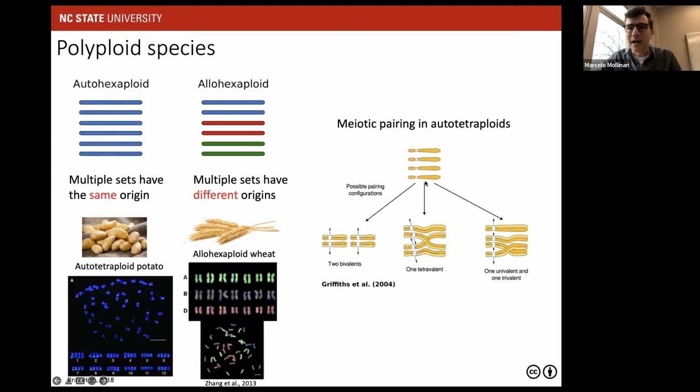And here I'm showing you the meiotic pairing of an autotetraploid. So you have 3 options here. You can have 2 of these homologs pairing 2 by 2. We call it bivalent. You can have all four homologs pairing all at once. We call this tetravalent.